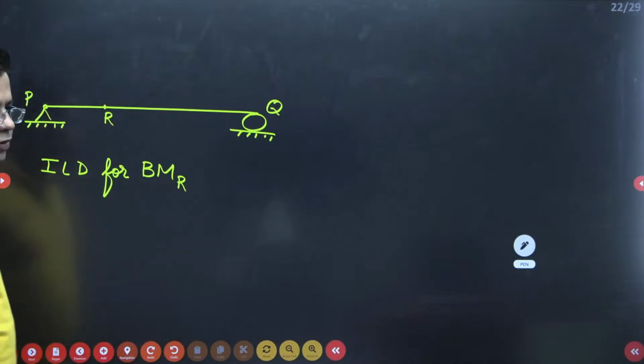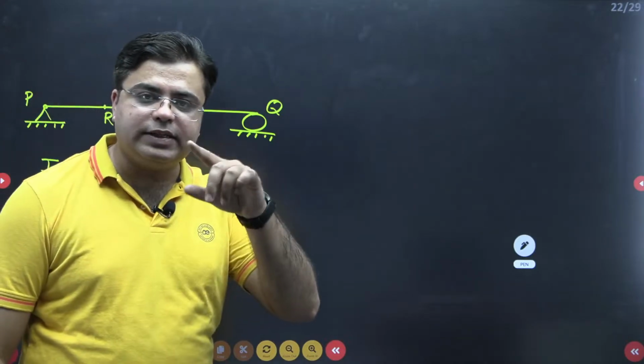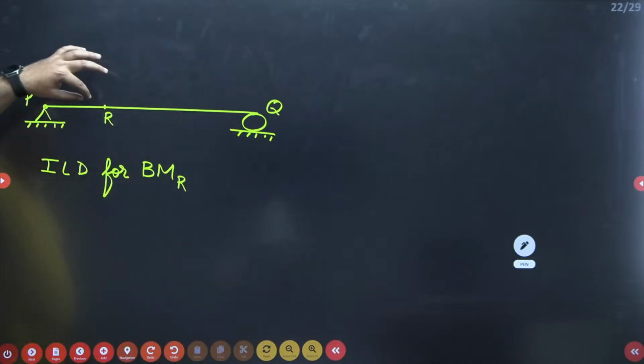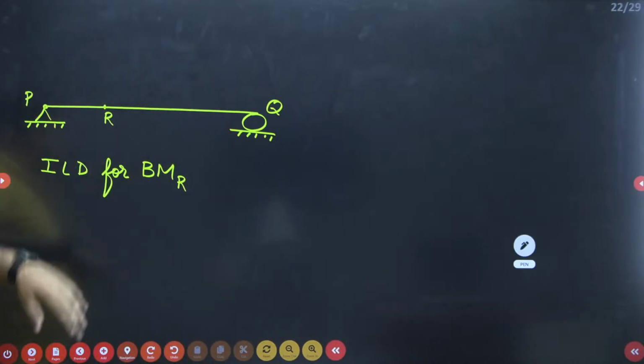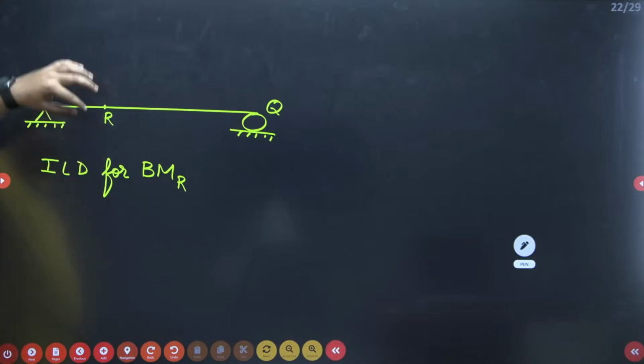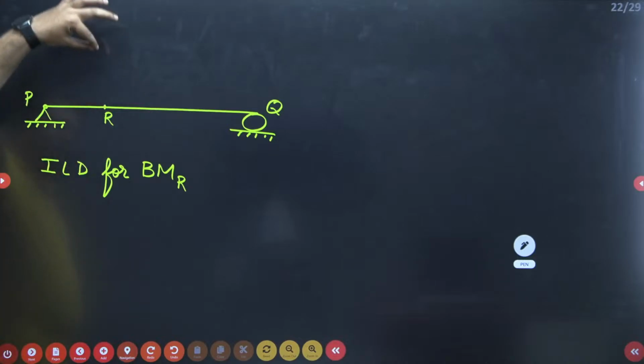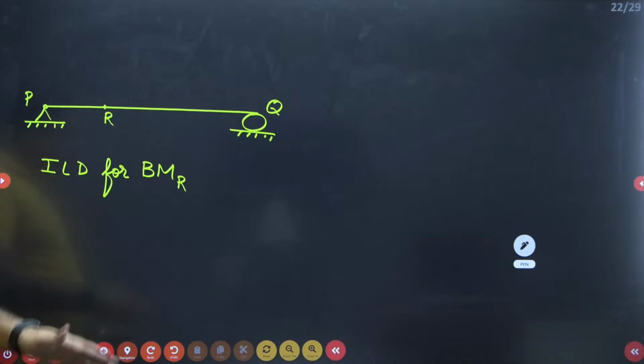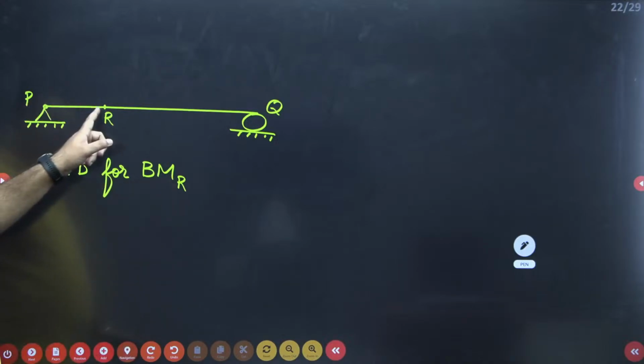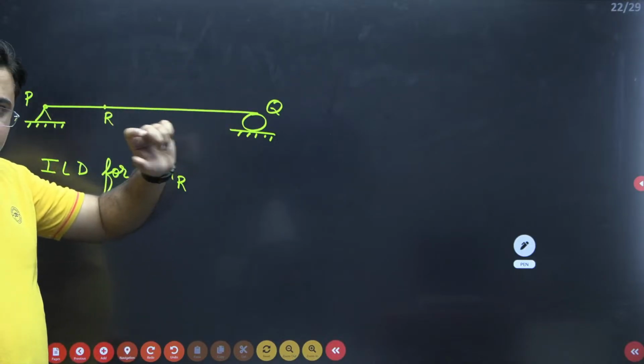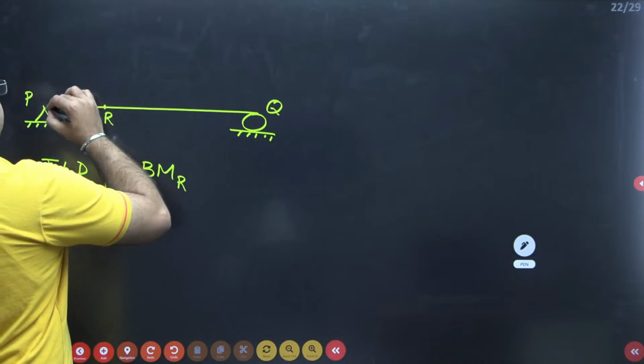So if I have to draw the influence line diagram for bending moment at R, I'll draw it using the Muller-Breslau principle. What it says is that, first of all, imagine an internal hinge at this point R, and then give a unit rotation at this point R, meaning the angle between the members PR and RQ should be unit rotation. So this is my unit rotation.